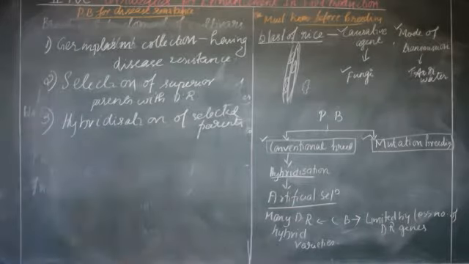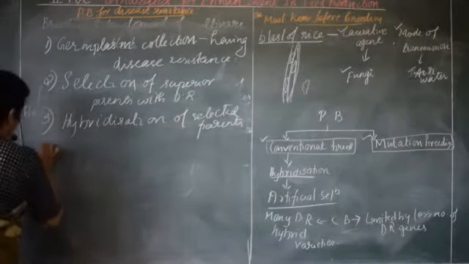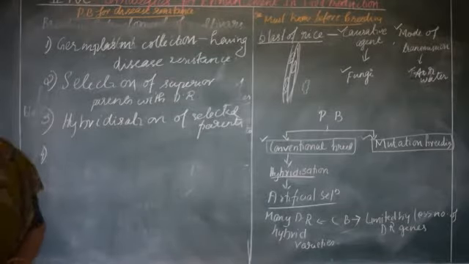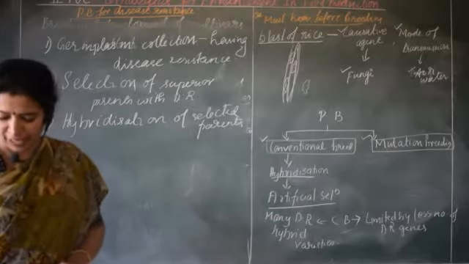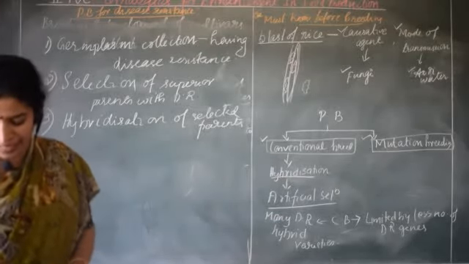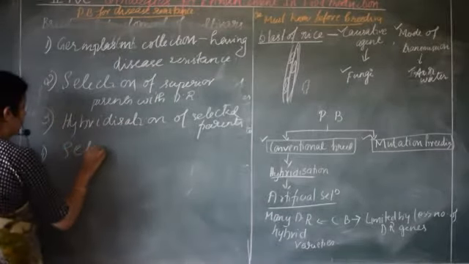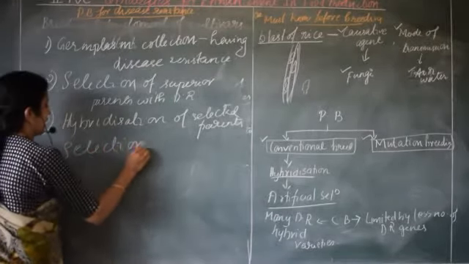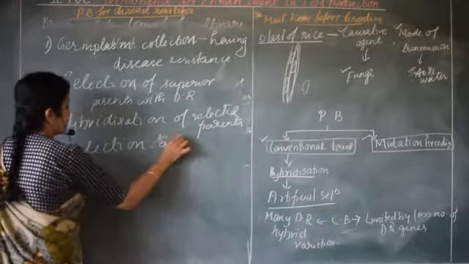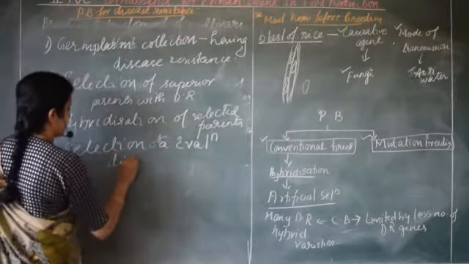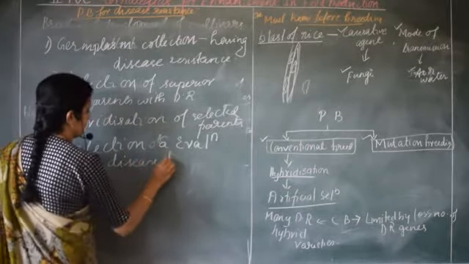Then the fourth step. What was the fourth step there? The fourth step was to evaluate or test the superior recombinants. Here, selection and evaluation of the hybrids. Of which hybrid?